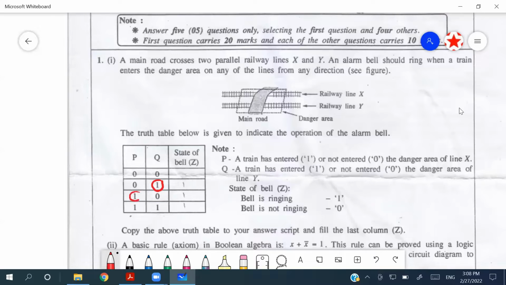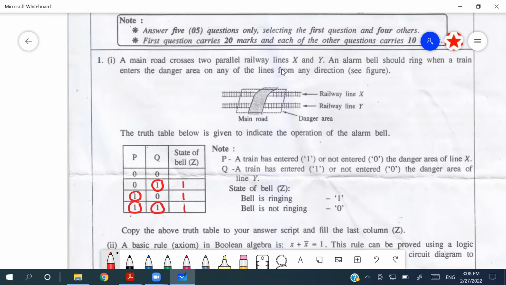Here line X has a train in the danger area. And here both X and Y have trains in the danger area. When the train enters the danger area, the bell should ring. So each and every one of these situations is going to give you a 1.